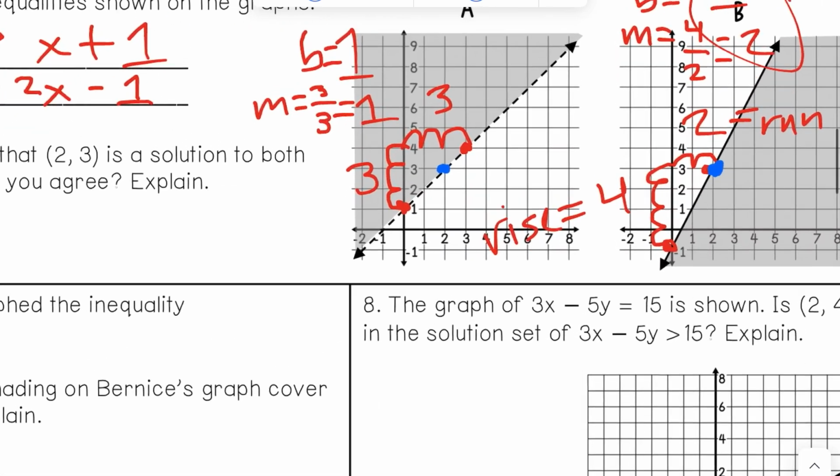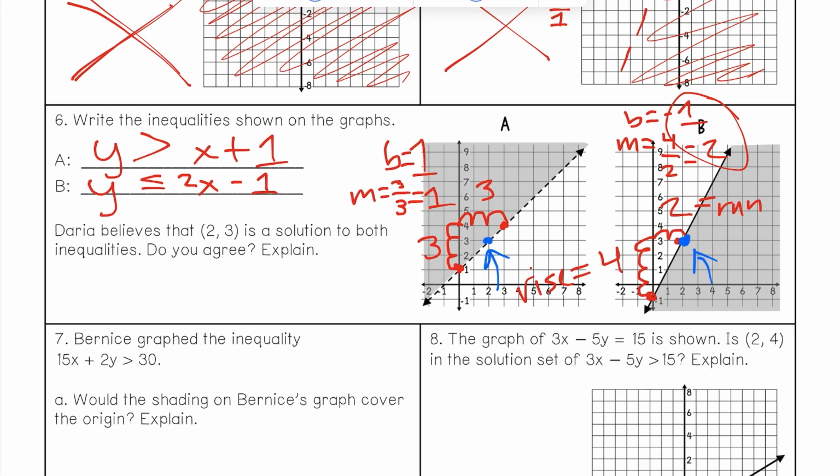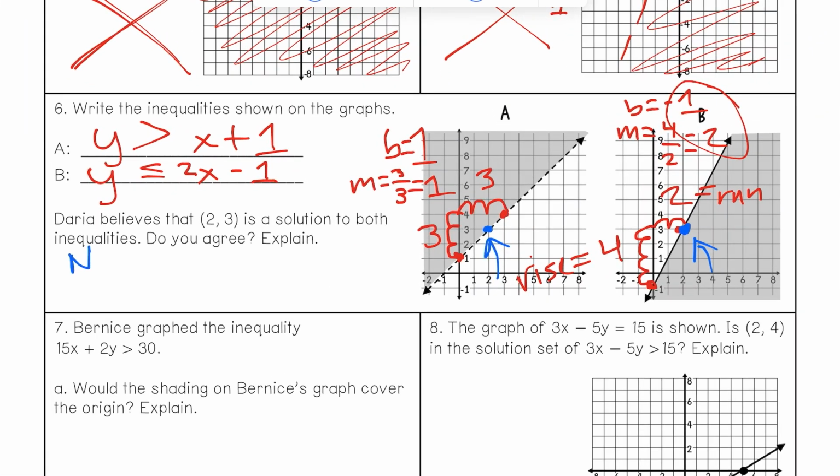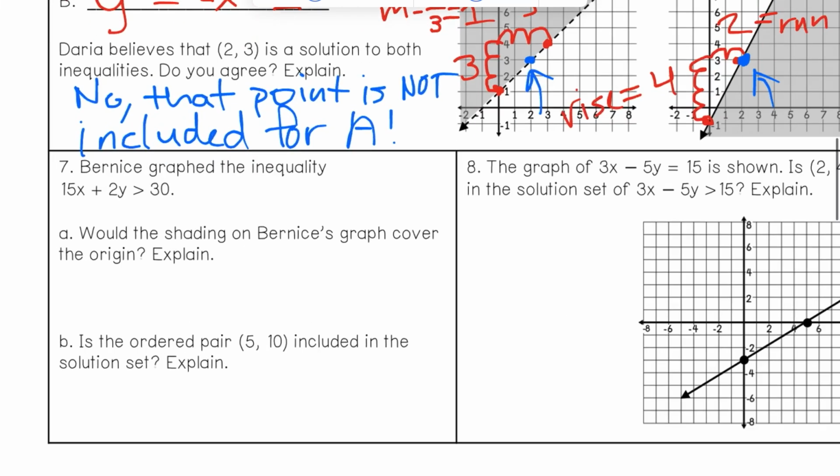So that point is on a solid line and included for B, but it's on a dashed line and not included for A. So I'm going to say that no, Daria is wrong because that point is not included for A. There you go. All right, good.